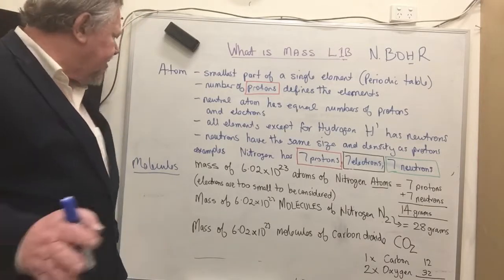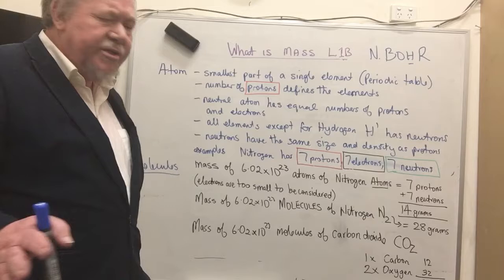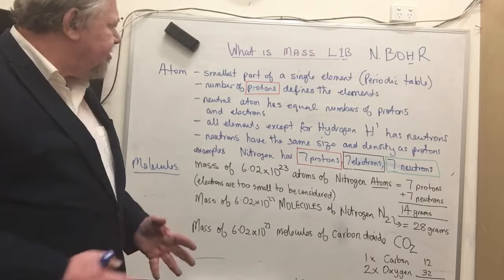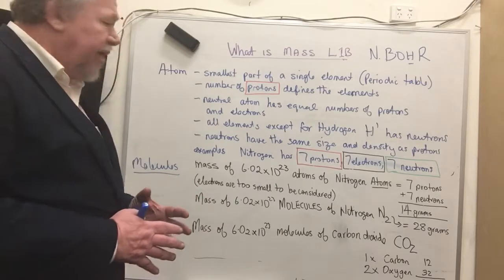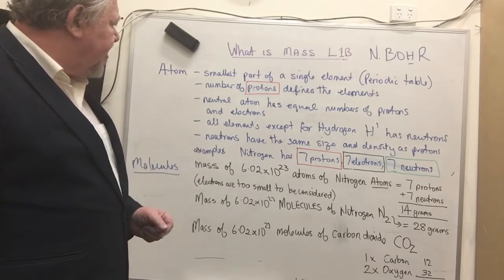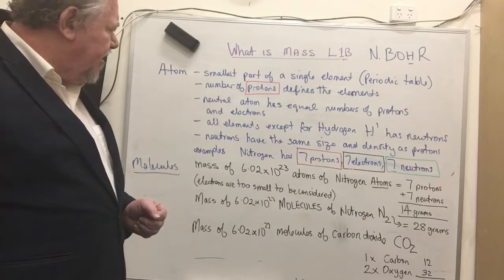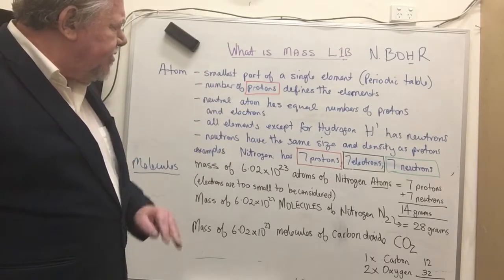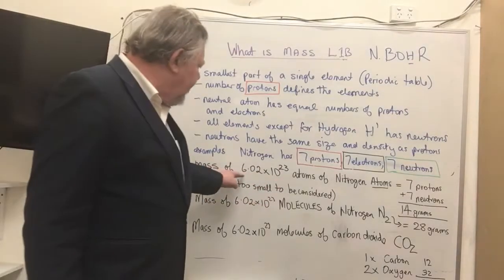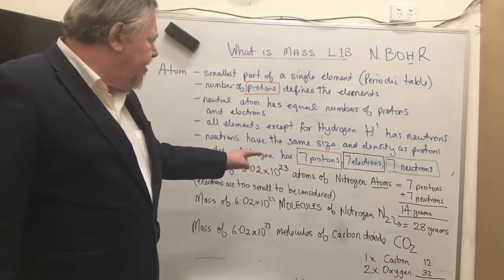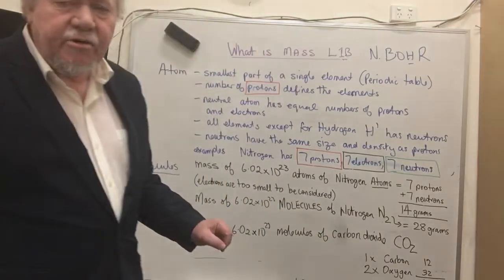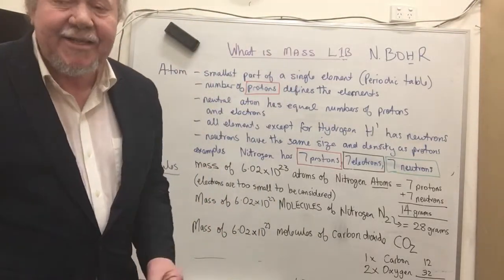The mass, in other words the total amount of stuff, is the amount of protons and neutrons together, which make up the mass of 6.02 by 10 to the 23 atoms of nitrogen. You've got 7 protons, 7 neutrons, that comes to 14 grams. So if you have this many of them, they will add up to 14 grams. That constitutes what the mass is.